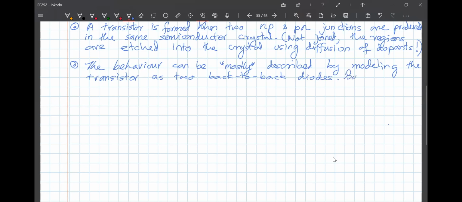But an unusual behavior occurs when the two junctions are oppositely biased.